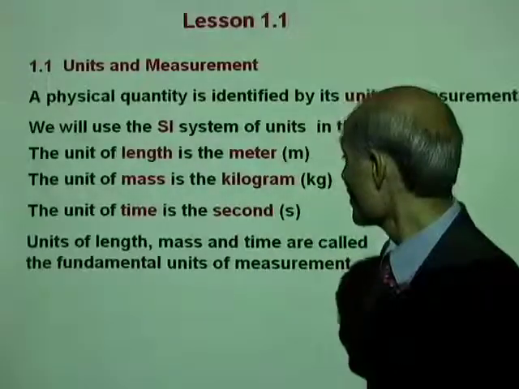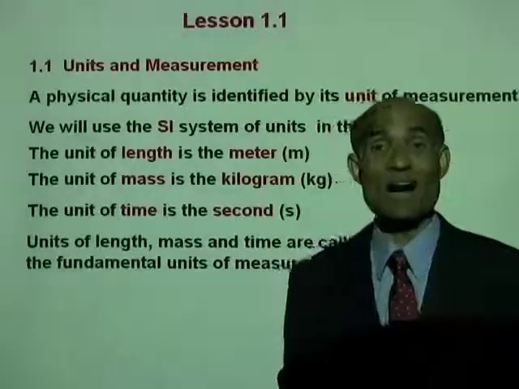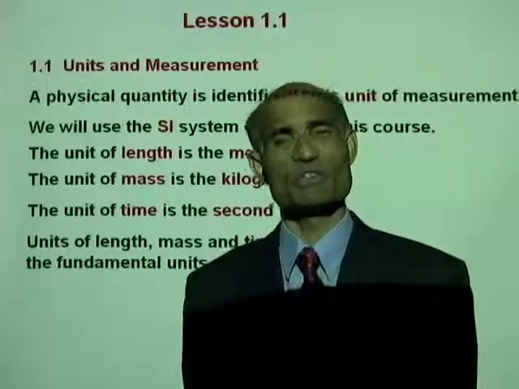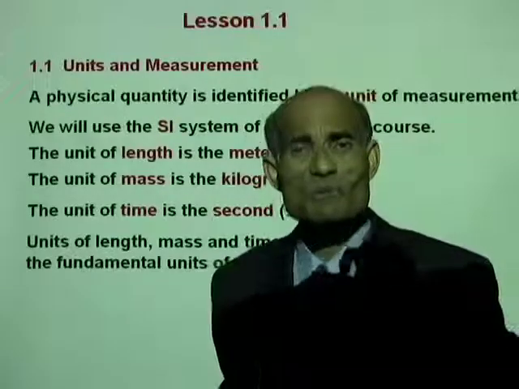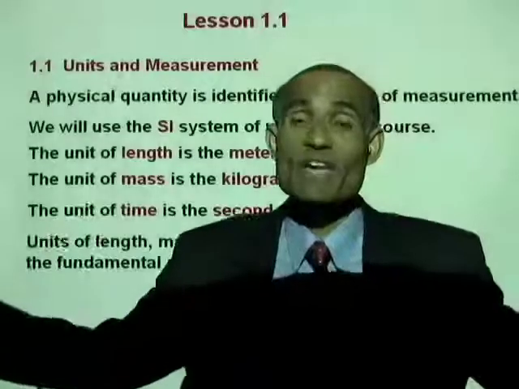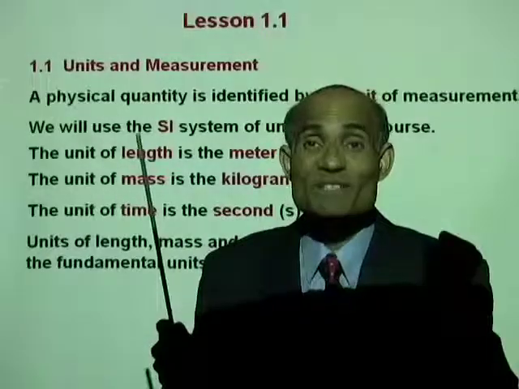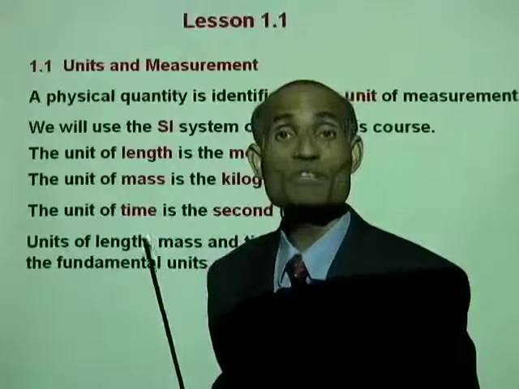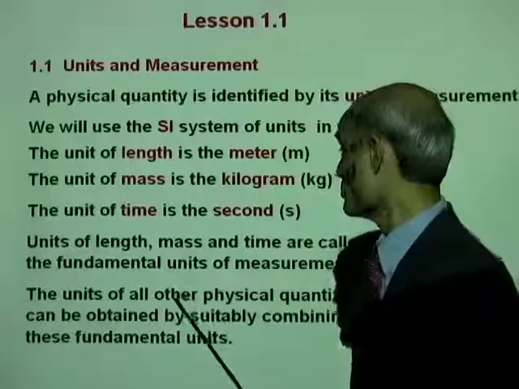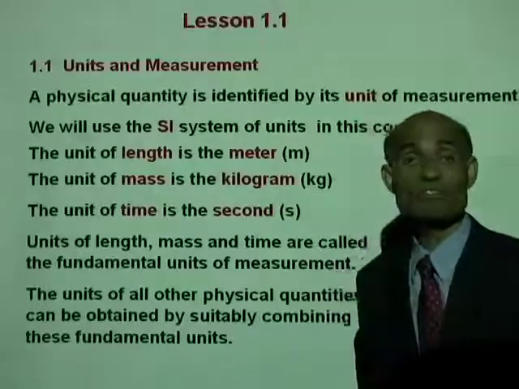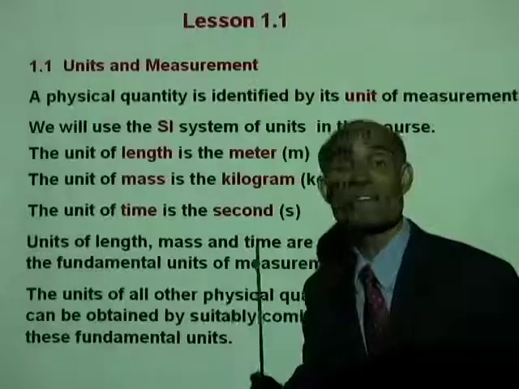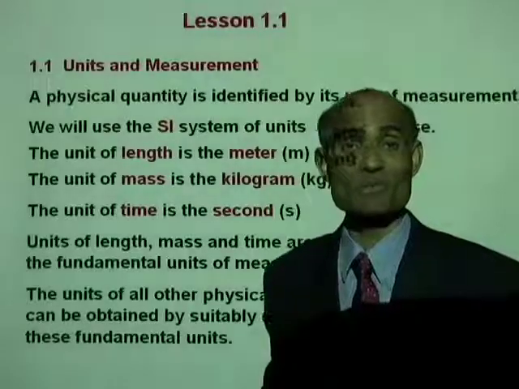Now, units of length, mass, and time are called the fundamental units of measure. Why are they called the fundamental units of measure? Because almost everything else can be expressed in terms of the units of length, mass, and time. The units of all other physical quantities can be obtained by suitably combining these fundamental units.